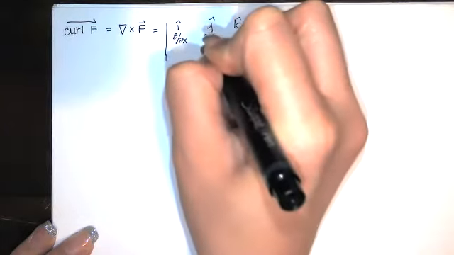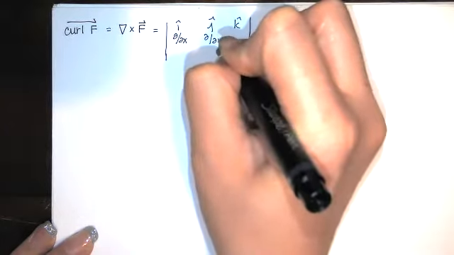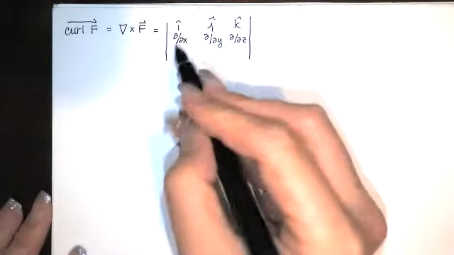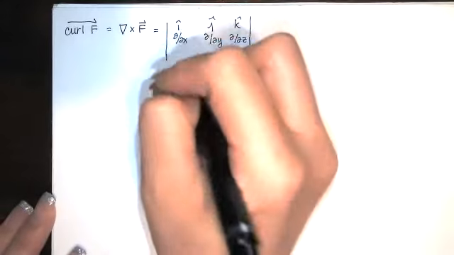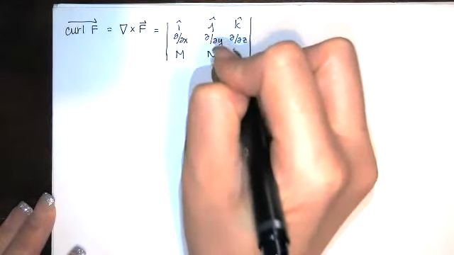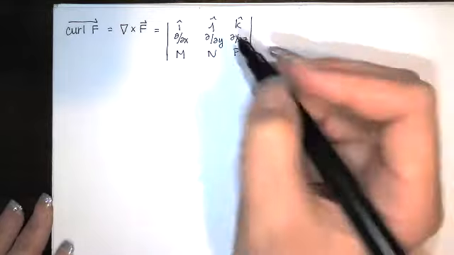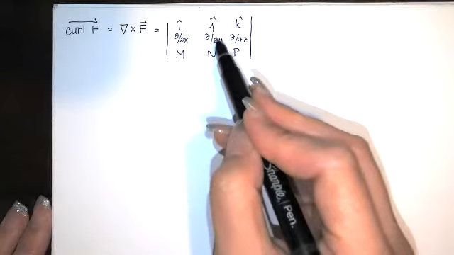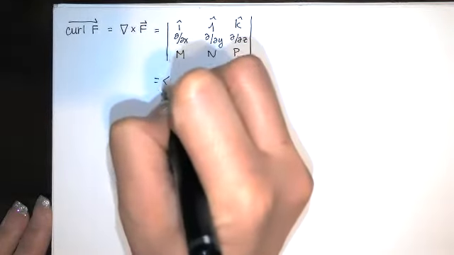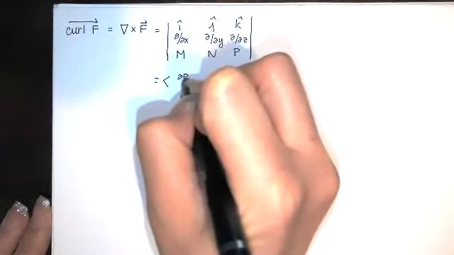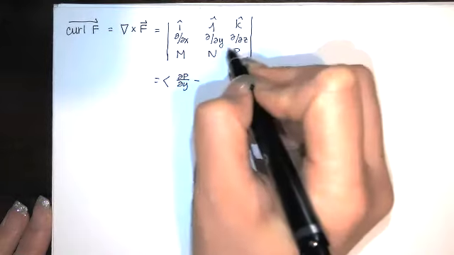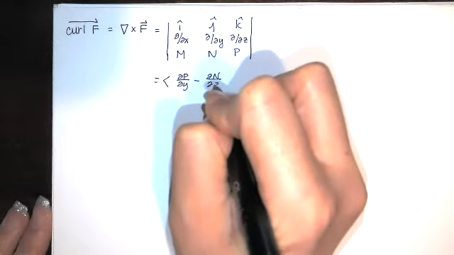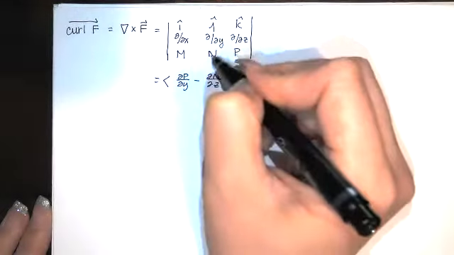So in the second row of this determinant form of this cross product, we've got those operators, partial with respect to X, Y, and Z. And then down here, we've got the components of F, which are M, N, and P. You just evaluate this, cross out this row and this column. You get partial of P with respect to Y minus partial of N with respect to Z times I hat plus, cross out this row and this column.